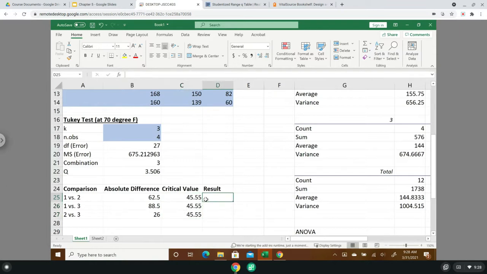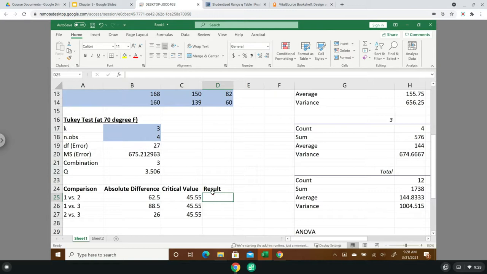Now we have these critical values, we can compare our absolute difference with the critical value. If our absolute difference between 1 and 2, mu1 versus mu2, is higher than the critical value, that means this difference is statistically significant. That means these two material types are different from each other in terms of their impact on the battery life.